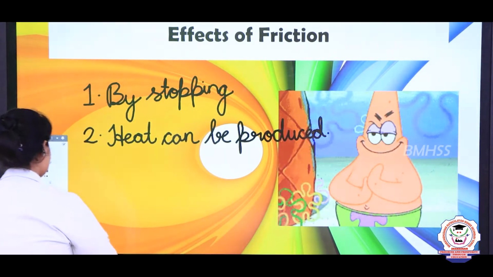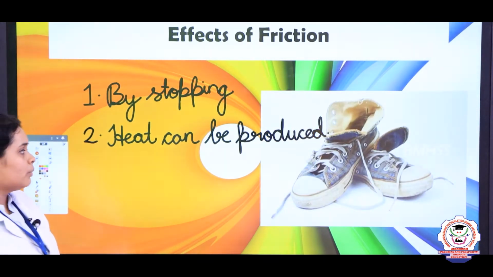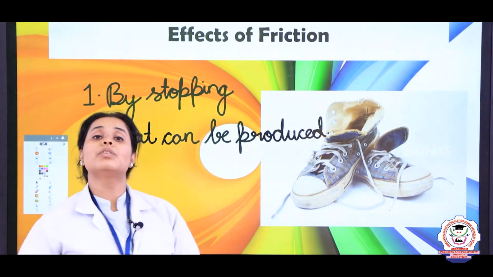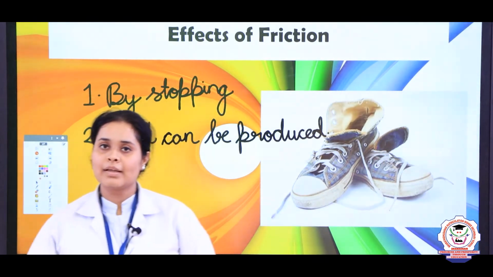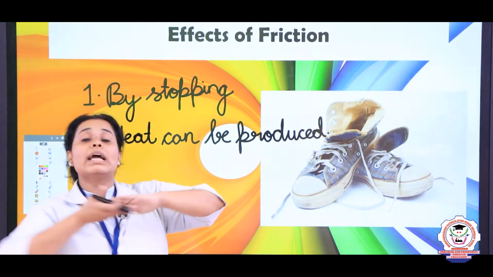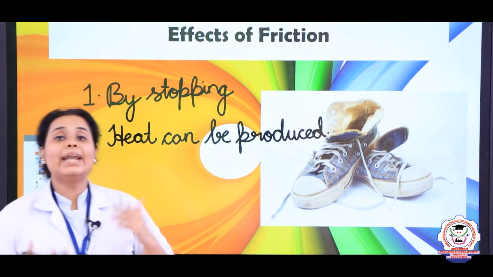After this, let's see another effect. This is an old shoe, right? What happens when you use a shoe for a long time? You will see that the sole below the shoe gets rubbed or flattened, which is known as wear and tear.